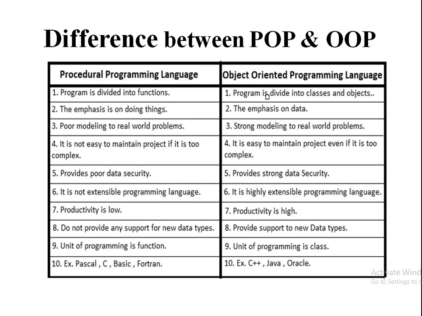In procedure oriented programming, the unit of programming is the function, but in object oriented programming, the unit of programming is the class. Examples of procedure oriented programming languages are C, Pascal, Basic and Fortran. Examples of object oriented programming languages are C++, Java, Oracle, and so on.